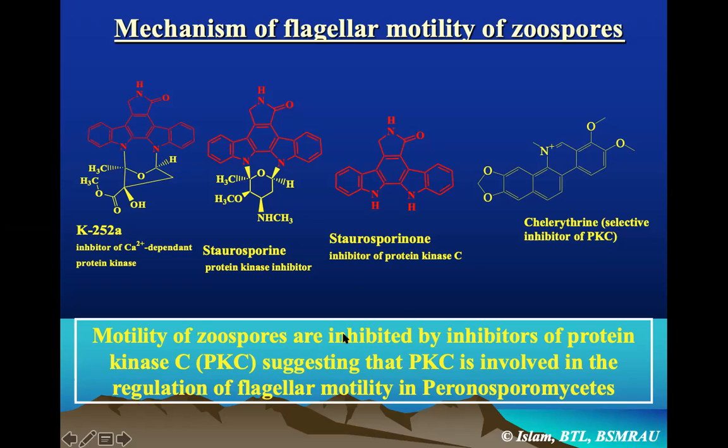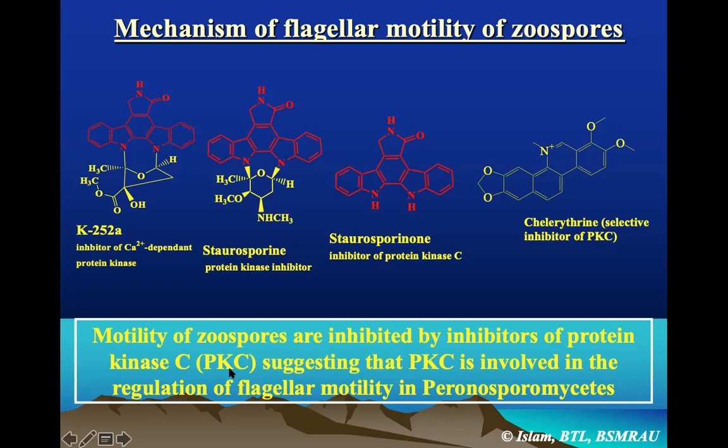Interestingly, when we checked the literature, we found that both zoospore and animal sperm motility are maintained by protein kinase C, because protein kinase C is involved in generation of ATP, and ATP is essential for the motility of either human sperm, which is a very advanced and complex organism, or zoospore, a trivial microorganism, but they are conserved.